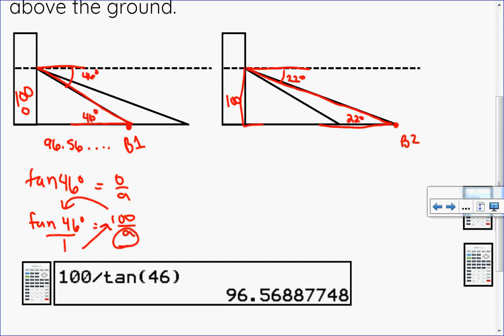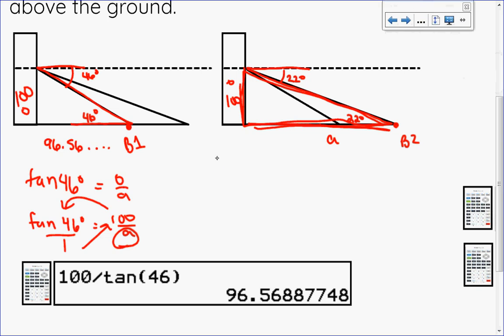So I'm now looking at this big triangle here. I want to find where the bus is the second time. So again, this whole side here is still adjacent. This is opposite. Opposite over adjacent, still using tangent. So tangent of 22 degrees is opposite 100 over adjacent A. Put that over 1, and then I can again cross multiply and divide.